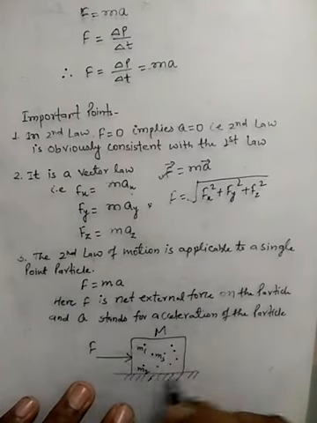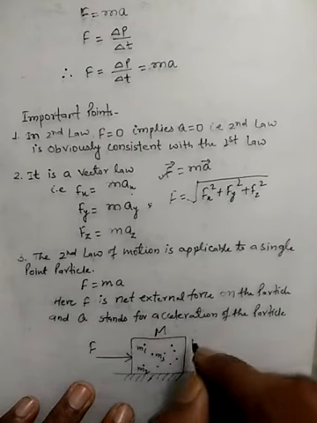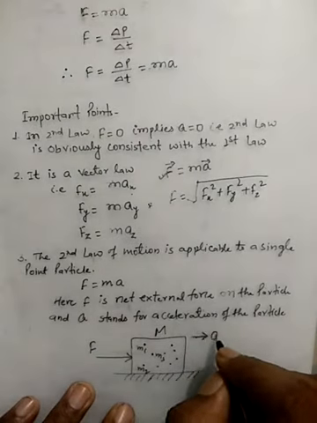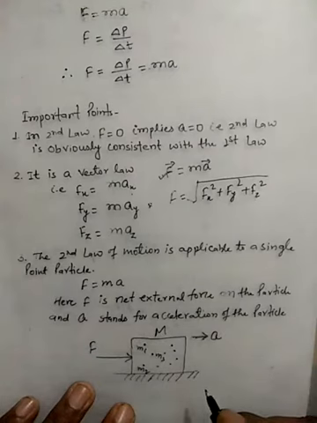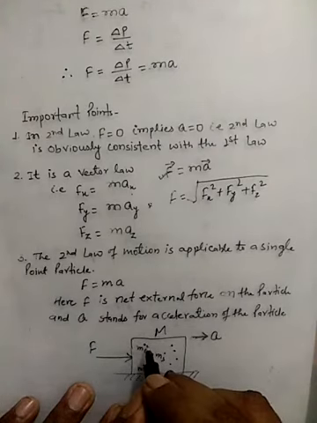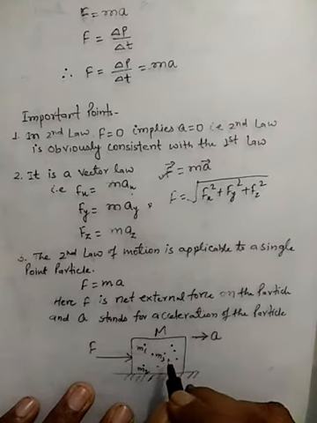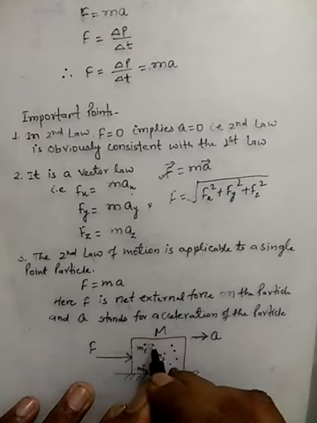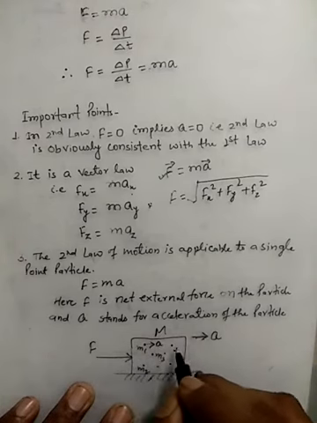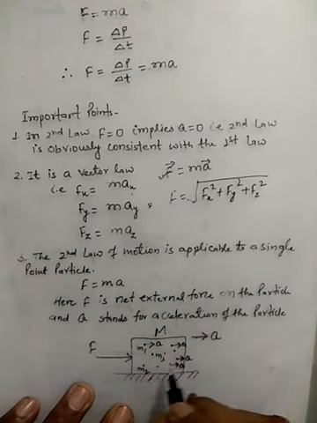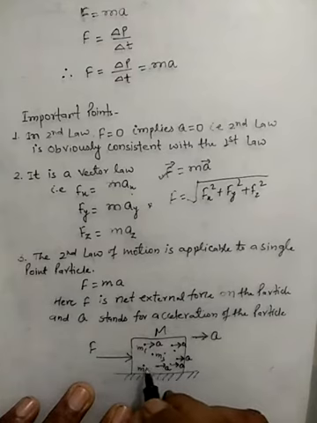The object moves in forward direction with acceleration a. Then we can say that the acceleration of each constituent particle of the object is in forward direction with acceleration a. All particles move in forward direction with acceleration a.